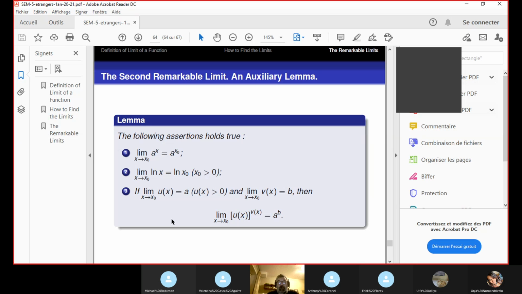You see, I want to find a special limit.